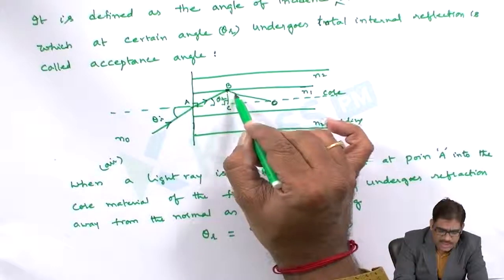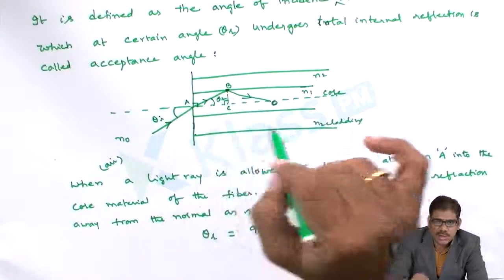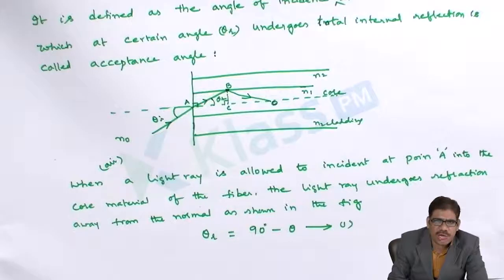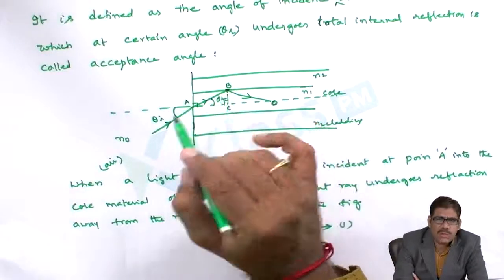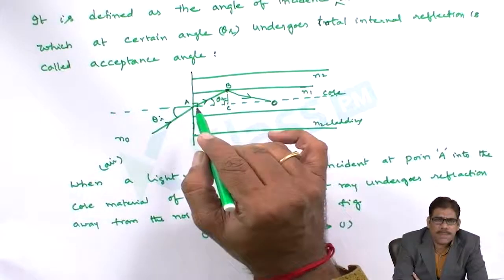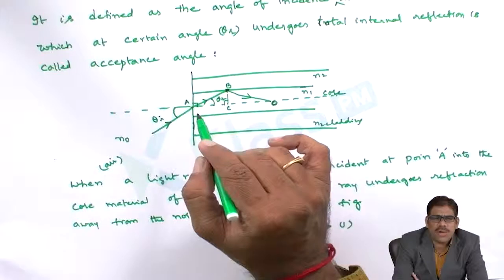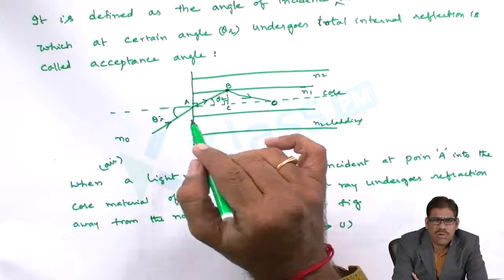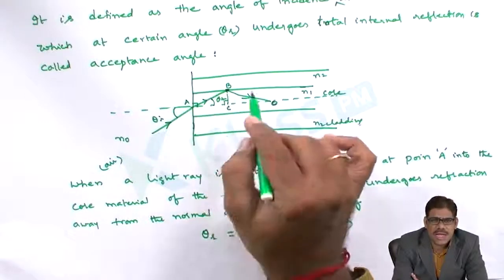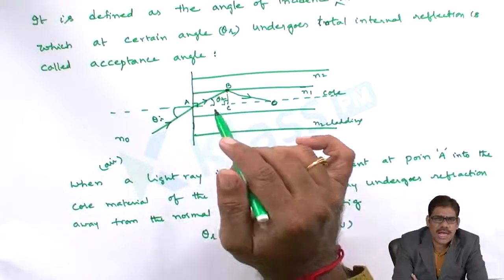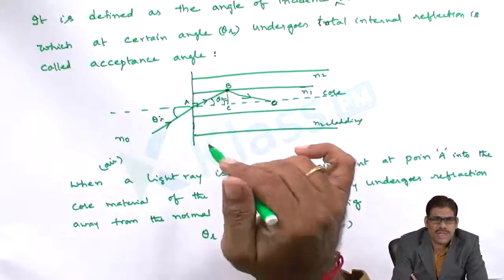From there it is reflected back into the fiber material, that is the core medium. So this is treated as the angle of incidence then. At that juncture, the light just grazes the core cladding interface, so we call that the critical angle. So theta I is equal to theta c.